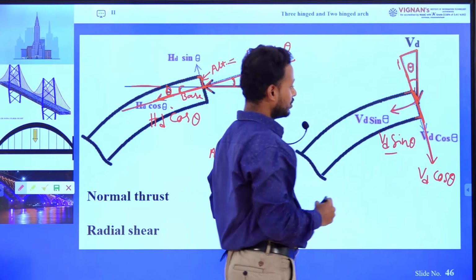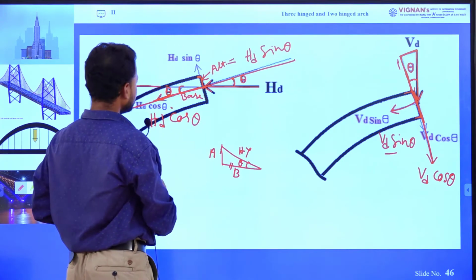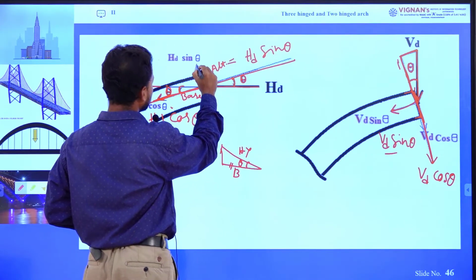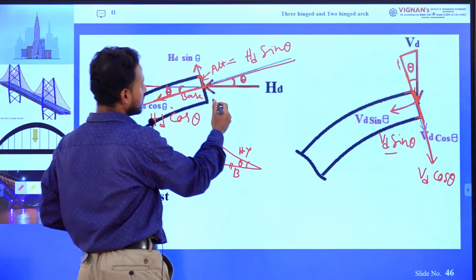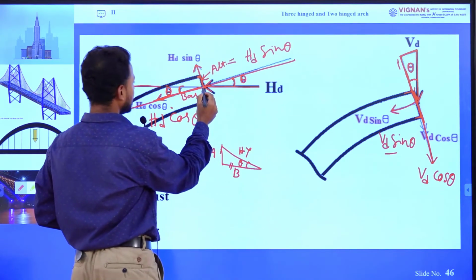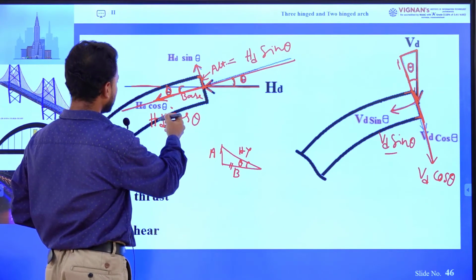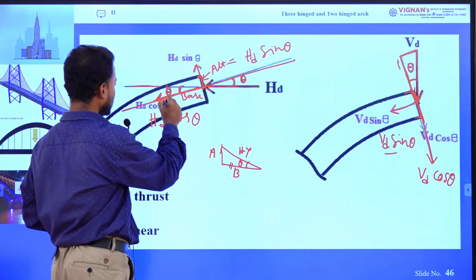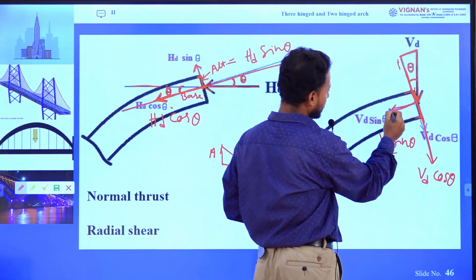Okay, now let's add these components. Here this sine component is acting upward and this cos component, or the normal component, is acting in this direction, and here the normal component is acting in this direction.